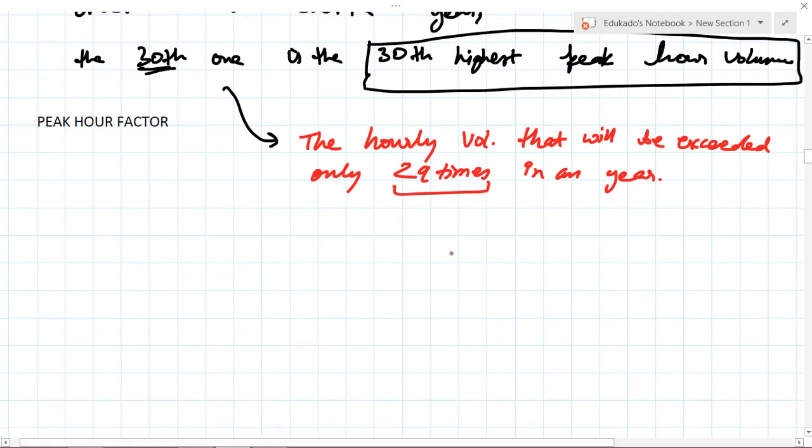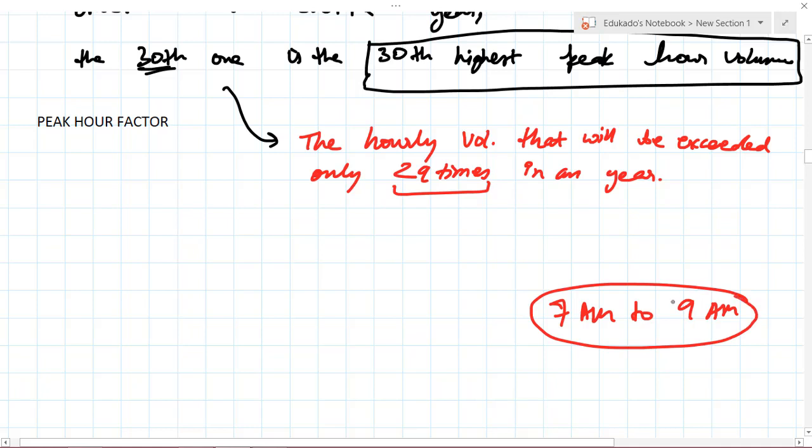So now we have come to the point of understanding that if we talk about a day, in the morning, at the office going times, from 7 a.m. to say 9 a.m. more traffic is going to flow through a highway cross section.